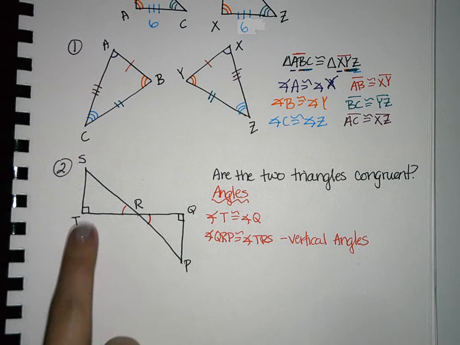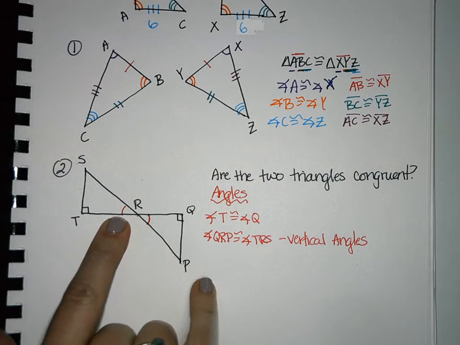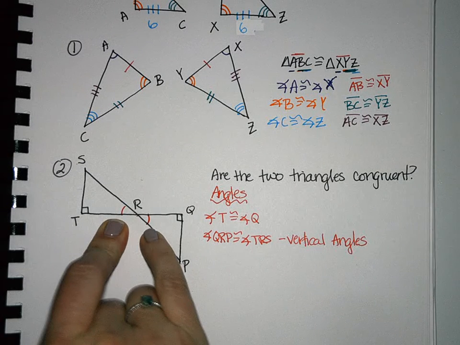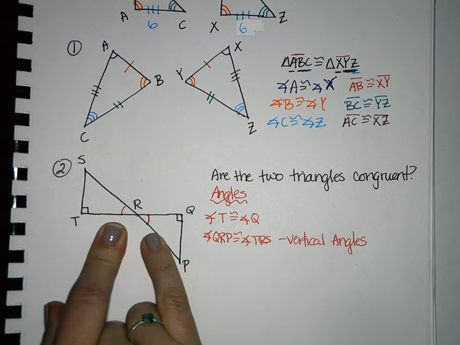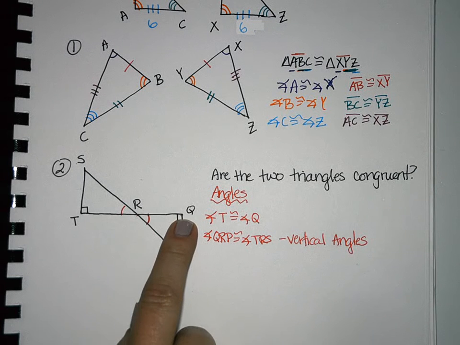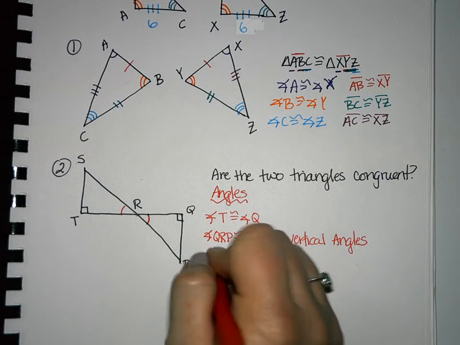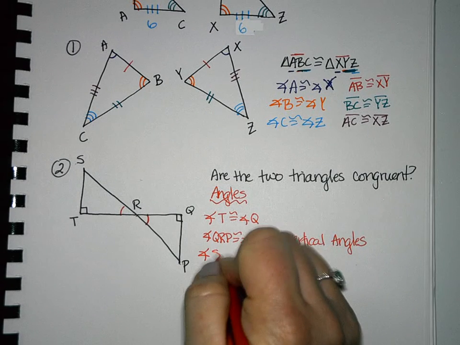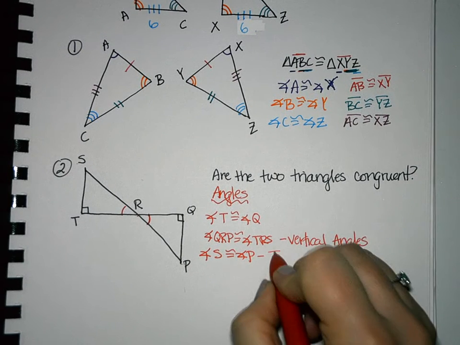If this is 90 and this is 90, and let's say this is 20 and this is 20, what do we know about triangles on the inside? They all add up to 180. So if both of these triangles have 110 degrees accounted for, what do we know about these two? They both have to be 70, right? So we have this theorem, where we can say angle S is congruent to angle P. It's called the third angle theorem.